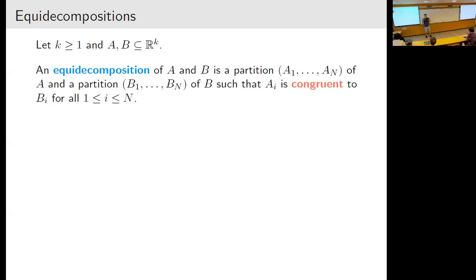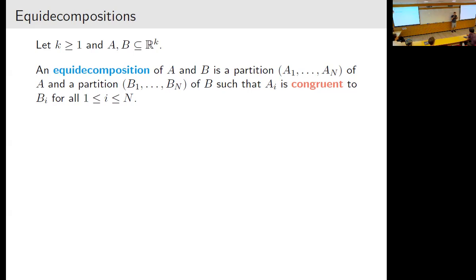You've got 2 sets. Let's think of them in R^2 or R^3 or something. For an equidecomposition, what you do is you partition one of the sets, A, into finitely many pieces. You partition B into finitely many pieces. And you want to have the property that A_i, the ith piece, is congruent to the ith piece of B. So A_i is congruent to B_i for all i.